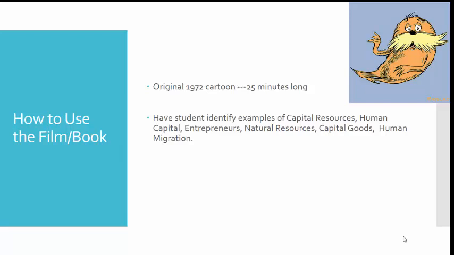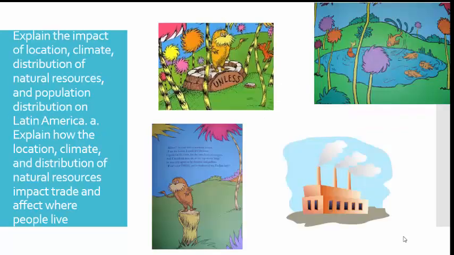So what you might do is you first have students identify the examples of capital resources, human capital, entrepreneurs, natural resources, capital goods, and human migration in the film, and then take it to the next level by having the students use the film to provide examples of standards not only relating to economics, but also relating to geography.